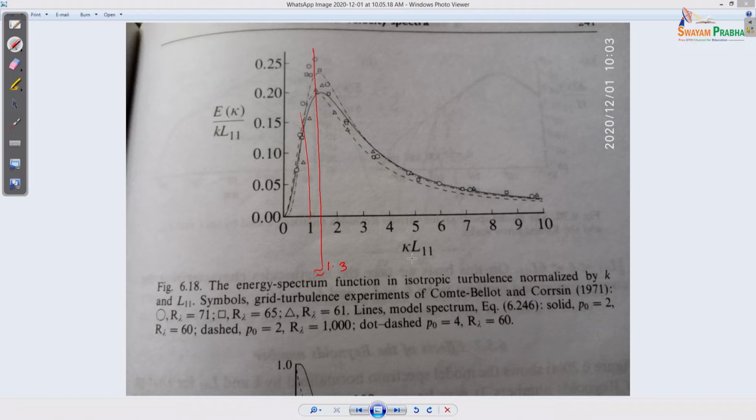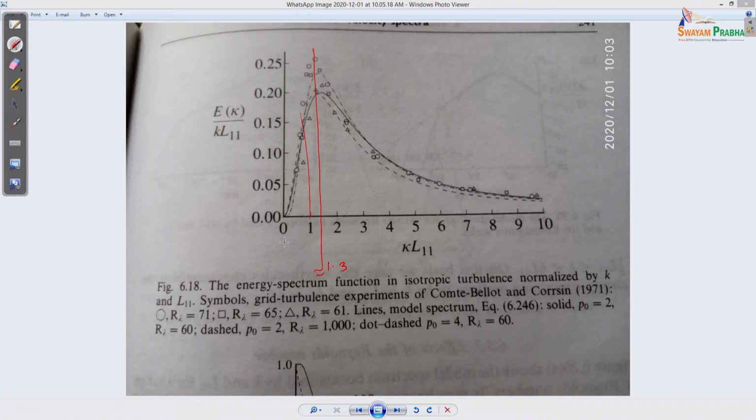What I am saying is that for wave numbers less than 1, about 10% of the energy exists.